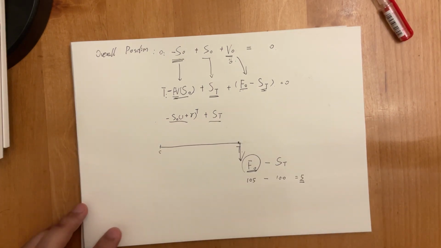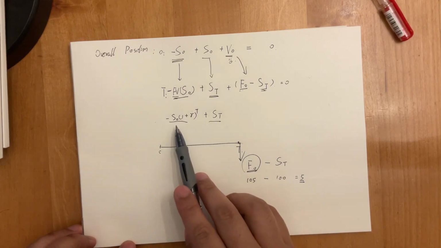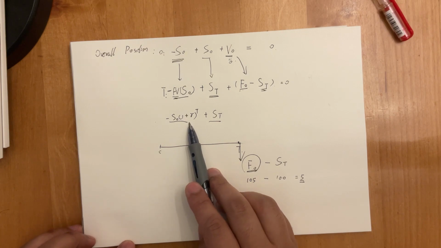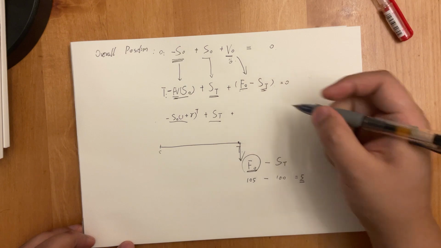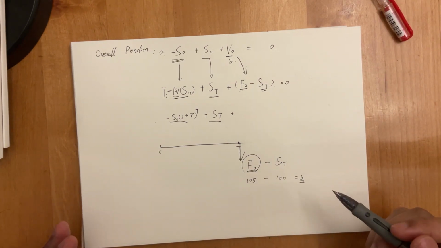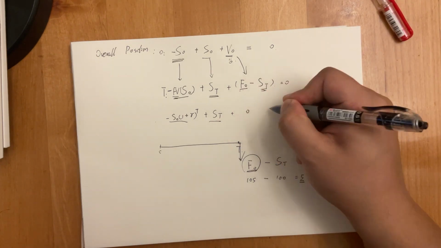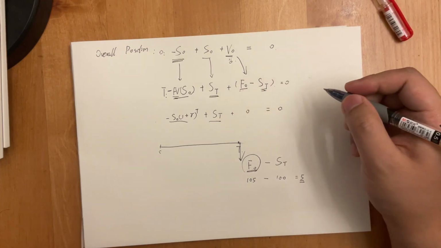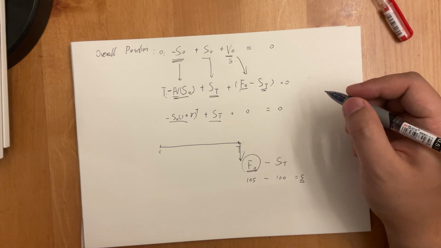As I said before, the future value will be the current value, considering time value of money. So these two cancel out. And because in the optimized scenario these two will be 0, the overall position will be 0. Okay?